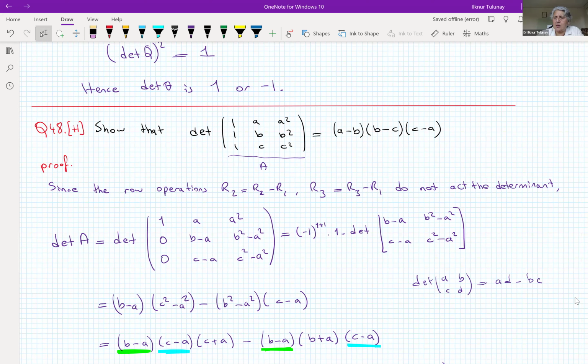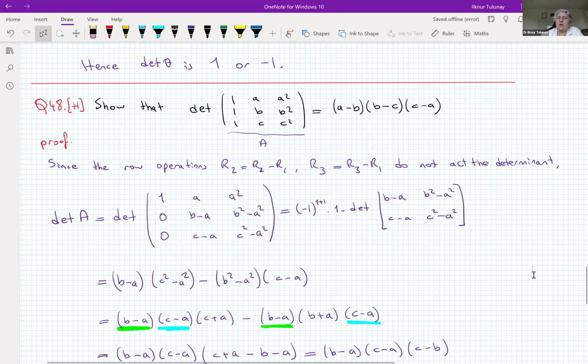Do you remember that one? On the main diagonal you have A times D, and the opposite diagonal will be minus the multiplication of the opposite diagonal. So that was the determinant of 2 by 2 matrices. Okay, I hope you know that one clearly by now.